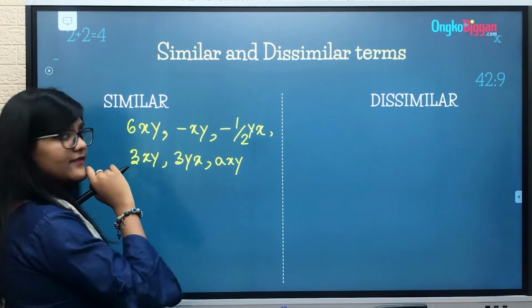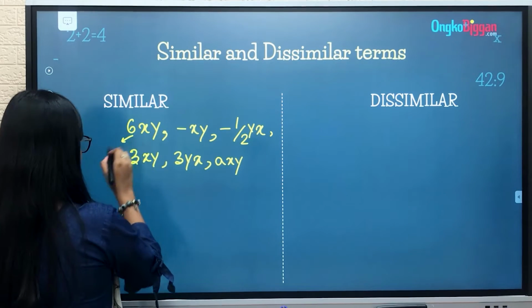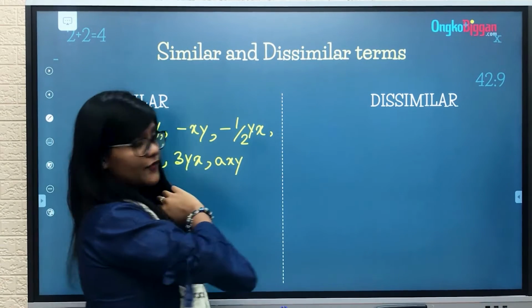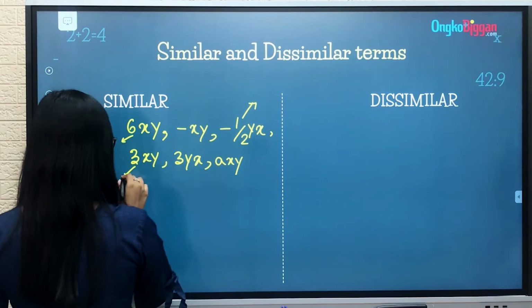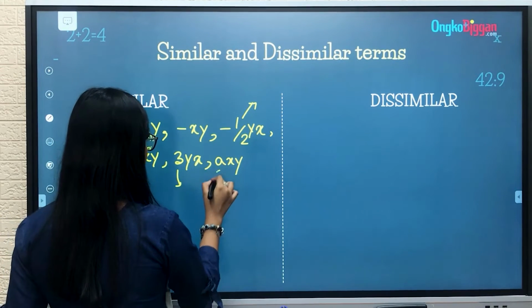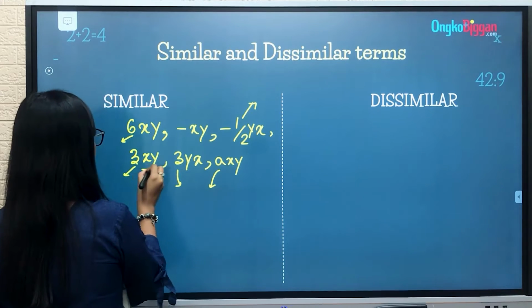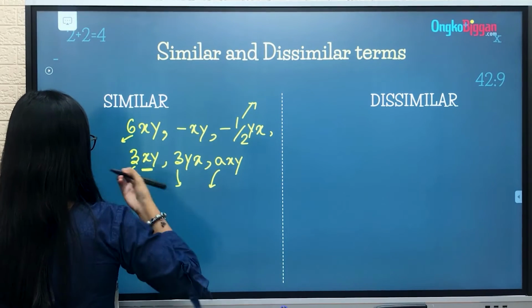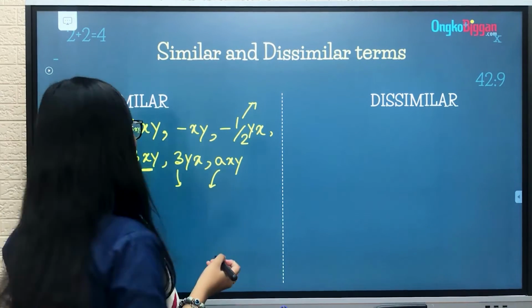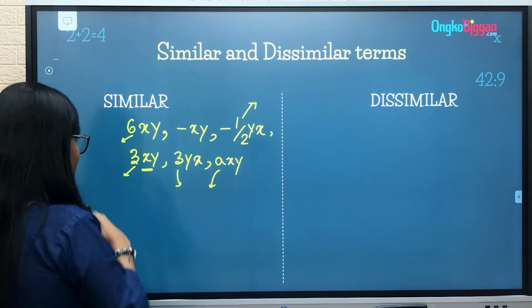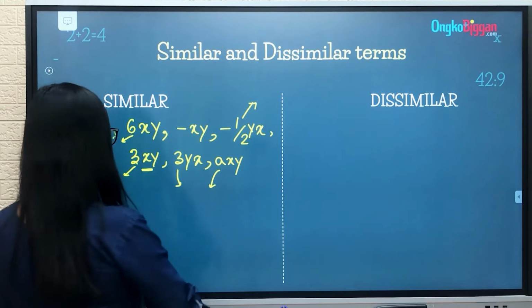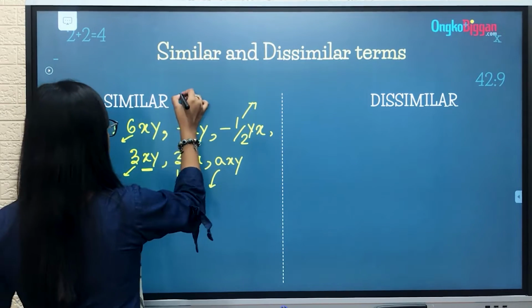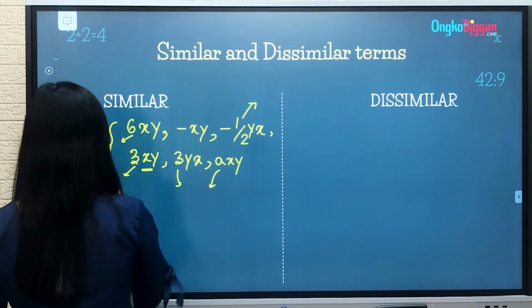Like for xy we have 6 as coefficient, here we have minus 1 as coefficient, also we have half as coefficient, here 3 as coefficient, y as coefficient, a as coefficient. If we consider xy as a single variable or term, you can see every term with the same variable can be termed as similar terms. That means all these are similar terms.